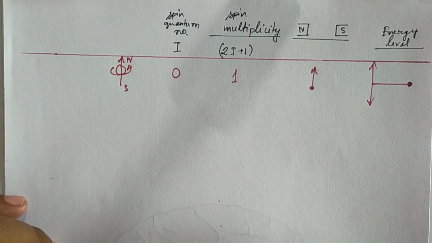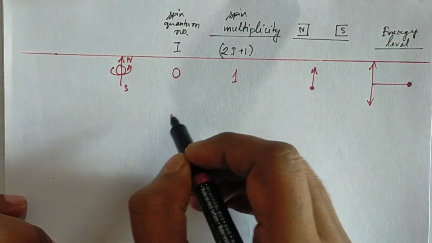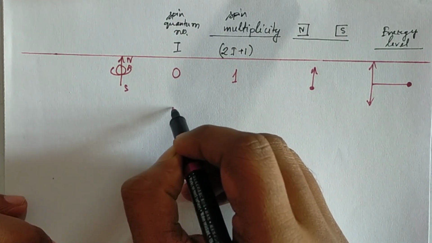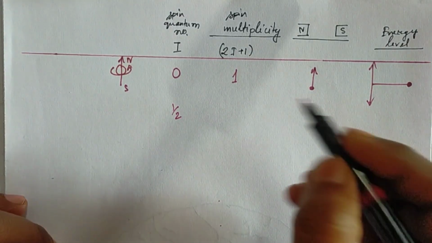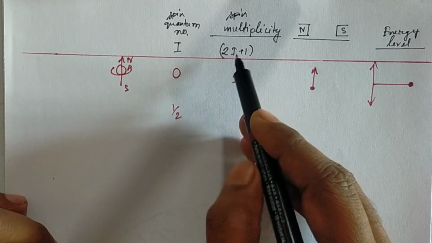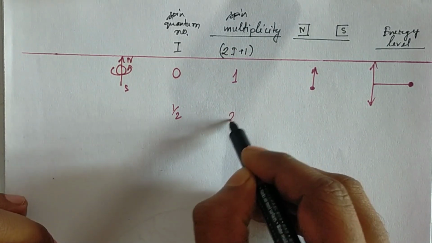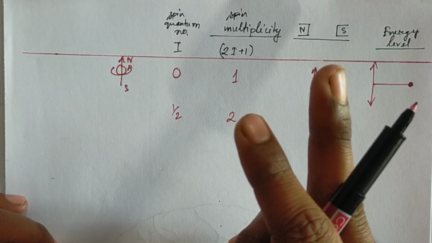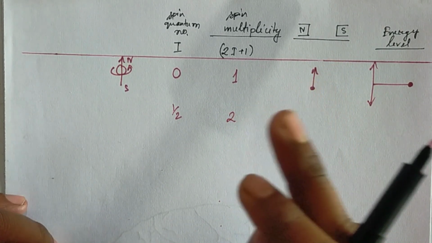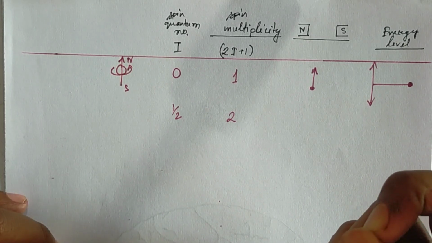Now if the spin quantum number is half, spin multiplicity will be 2 into half plus 1, so the 2 will cancel out, 1 plus 1 is 2. That means two possible orientations for the nucleus in the external magnetic field.